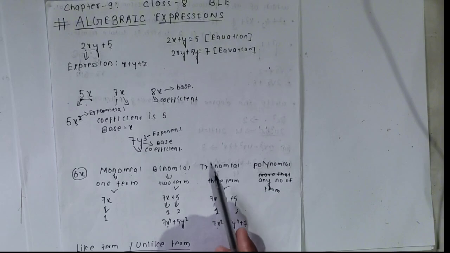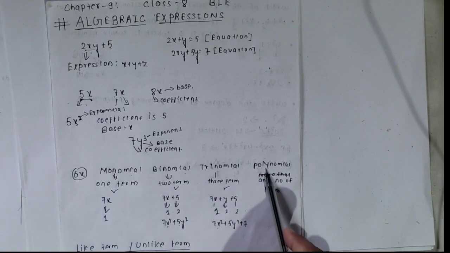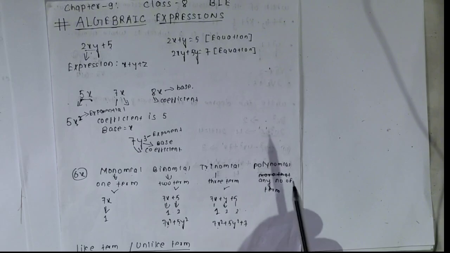One term plus one term means there are two terms. A trinomial has three terms. And a polynomial is an expression with one or more terms. It doesn't matter how many.